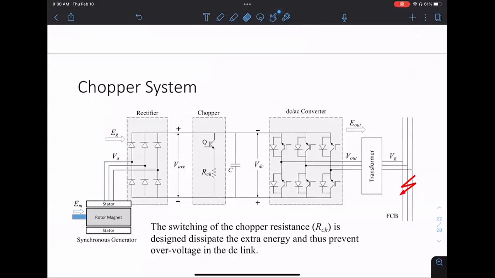You don't want to break it. So you create another path for power to flow through. If you need to dump power before you get to this stage, you create a parallel path for power to go through this resistor, so you save this capacitor. So why is this capacitor important? I've been saying this, but why is it important to have a big capacitor in the middle of these two?